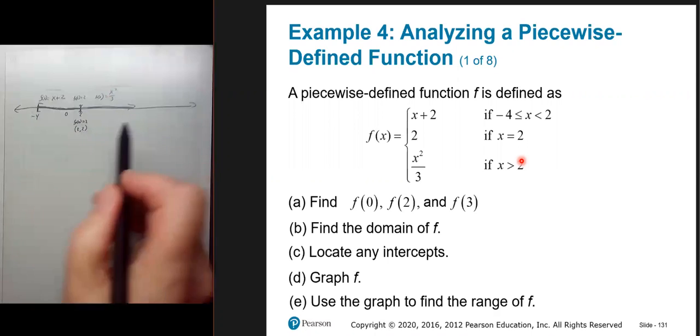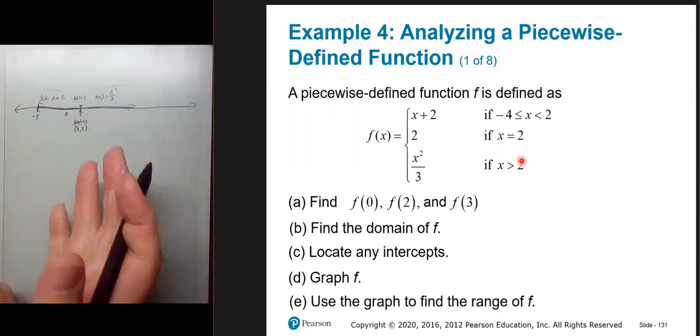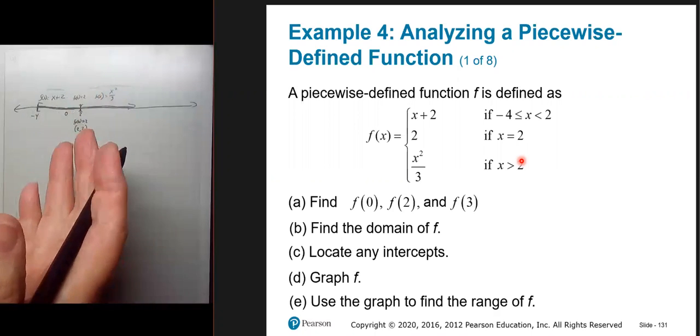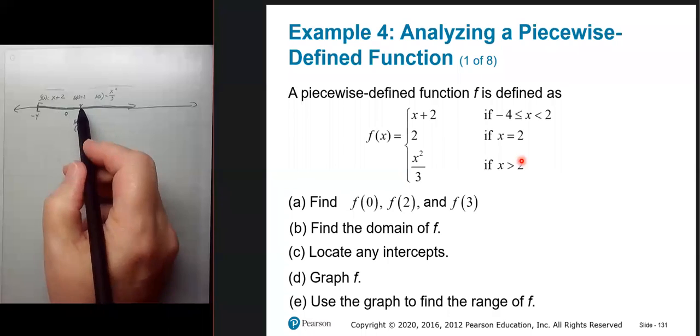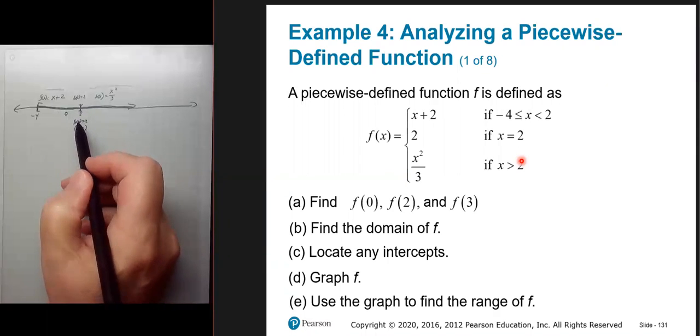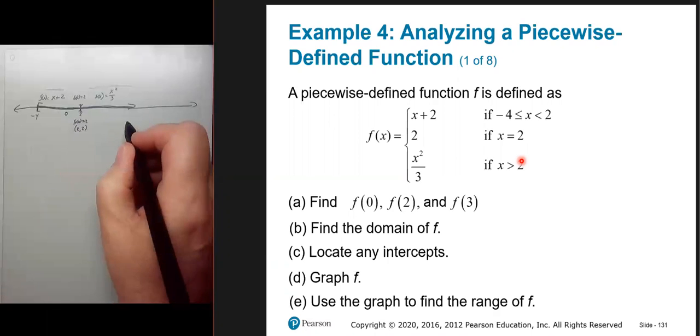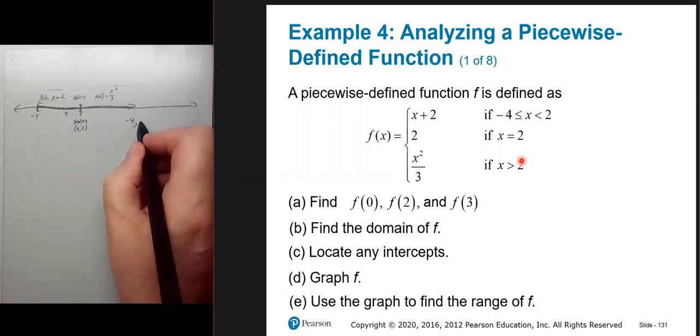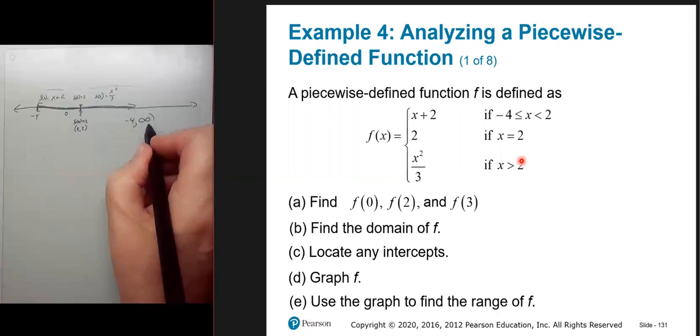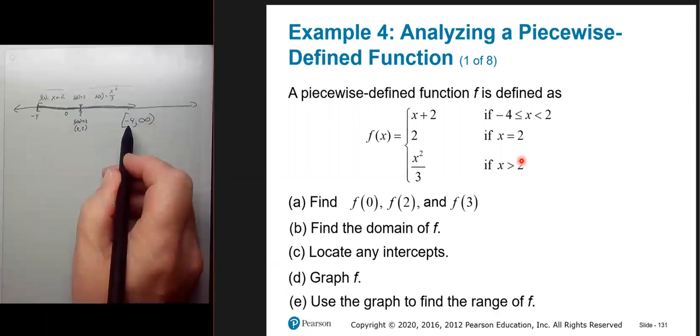Now, I'm doing letter B first because it's real easy to see on this graph. Although there is kind of a hole here at 2, it's been plugged up because we defined the function when x is 2. So that means that it's going to start at -4 and it's going to go to infinity. And it can include 2.